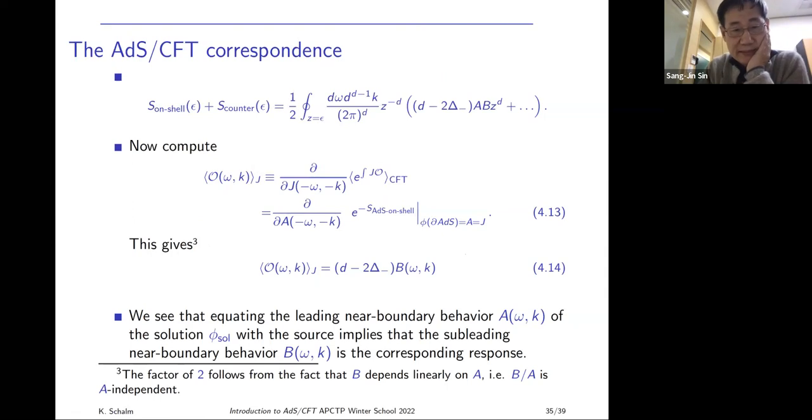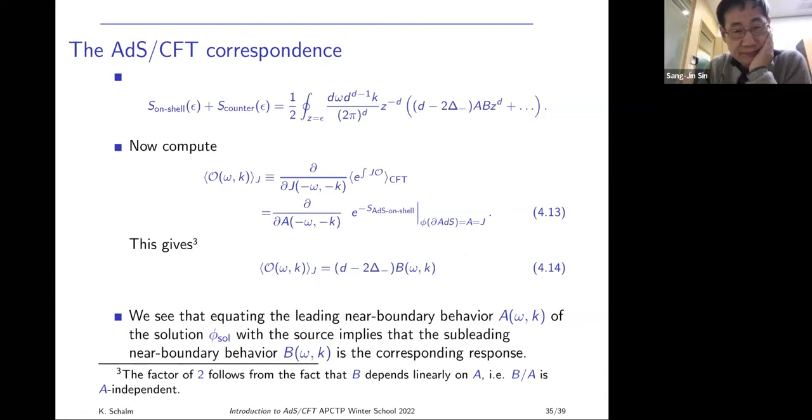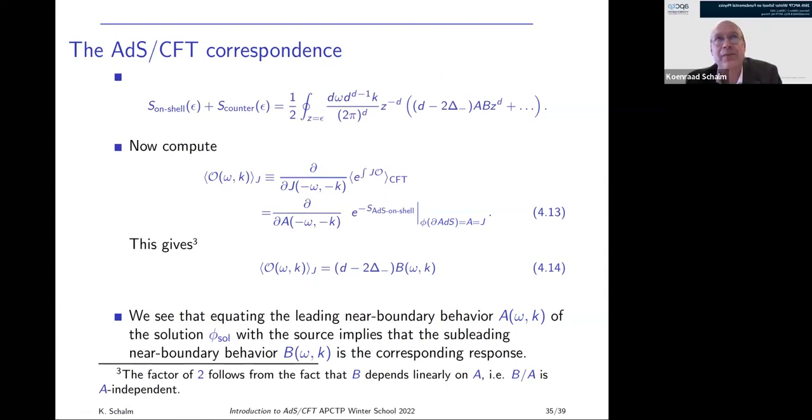It's probably A should be equal to epsilon to the delta minus J, or J is epsilon to the delta minus A. I see.